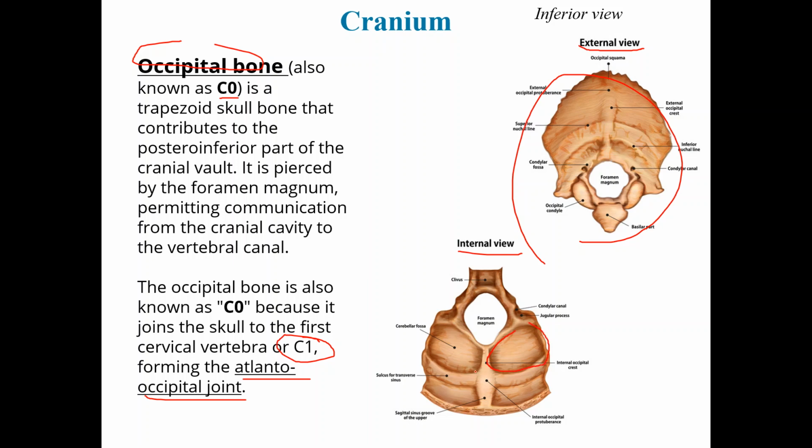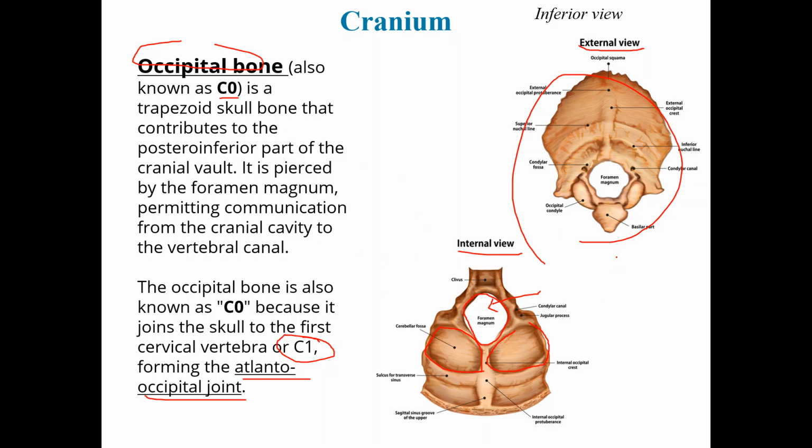For instance, this is the cerebellar fossa, that accommodates the cerebellum. And you can appreciate, of course, the foramen magnum, which is impossible to miss. This huge foramen permits the communication from the cranial cavity to the vertebral canal.